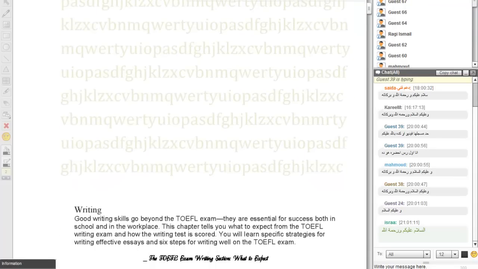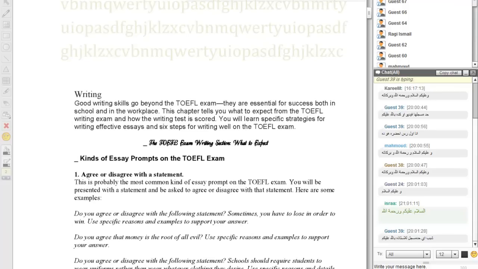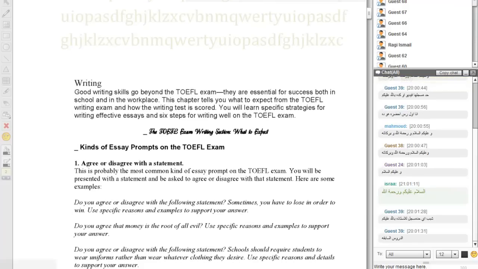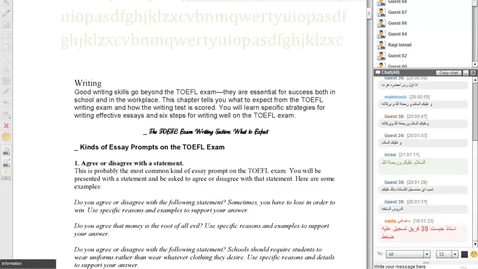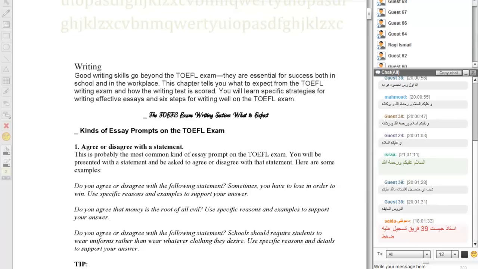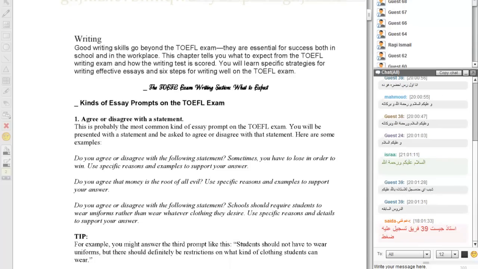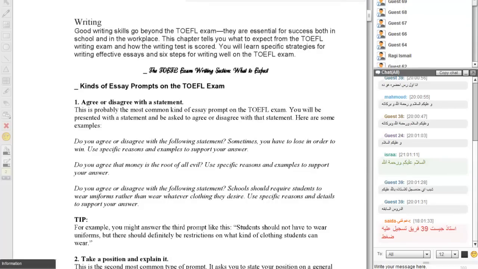We are going to have a quick review concerning the last lecture. We said that writing is very important for the Toefl course.